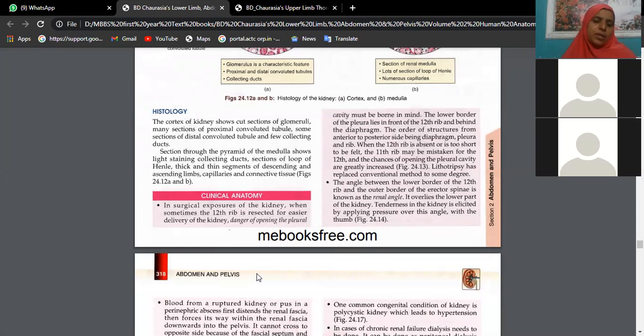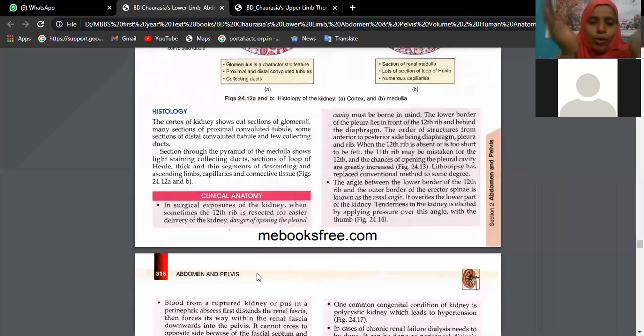Okay, it's not given, but if you remember, from the cloaca you have the ureteric bud. The whole embryology I taught you: we have foregut, midgut, and hindgut. The hindgut part will have the cloaca. From the cloaca, the ureteric bud develops.